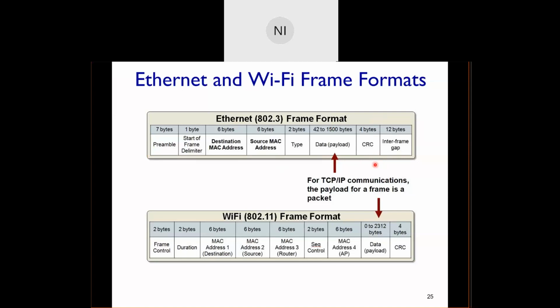And if you look at the case of Wi-Fi, the receiver of the Wi-Fi message doesn't give any acknowledgement whenever there is a failure of the CRC.